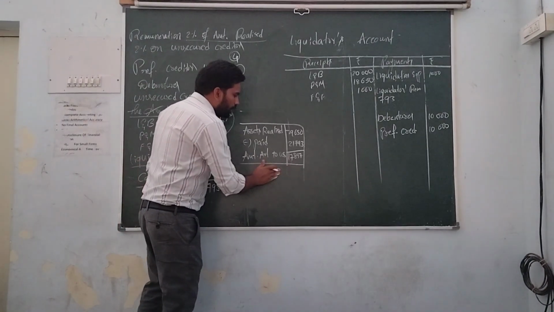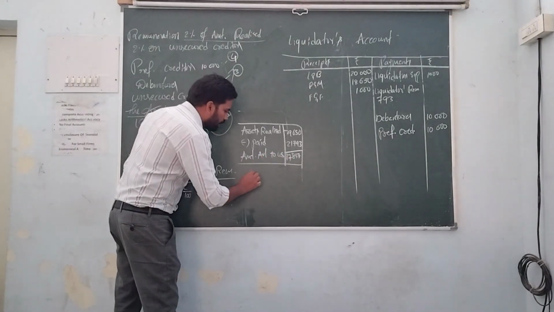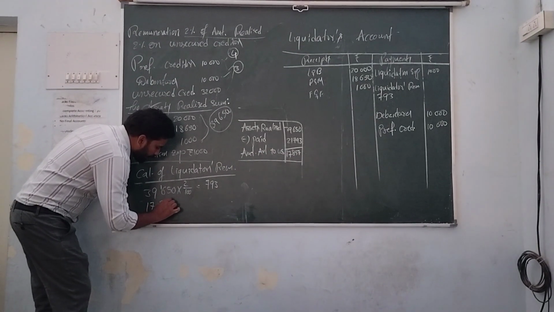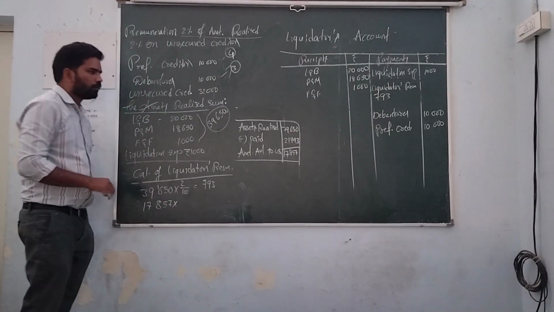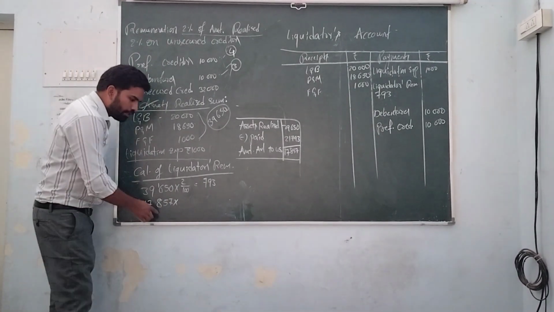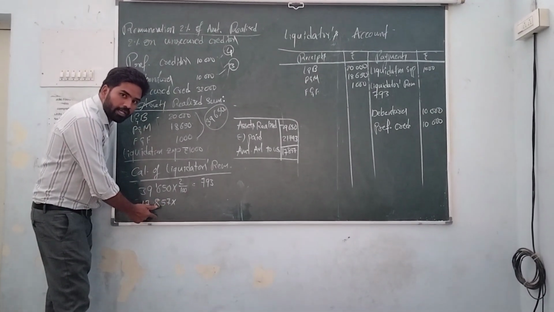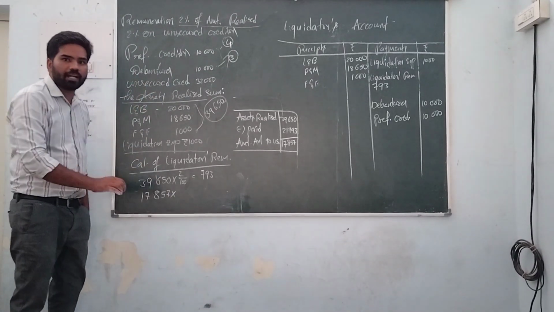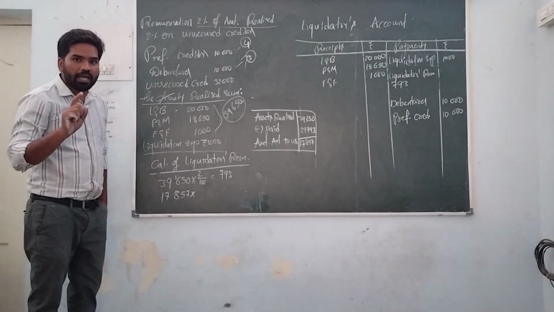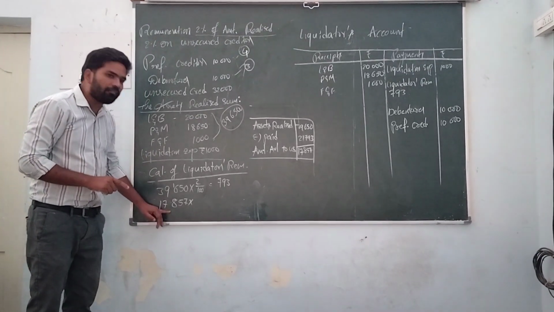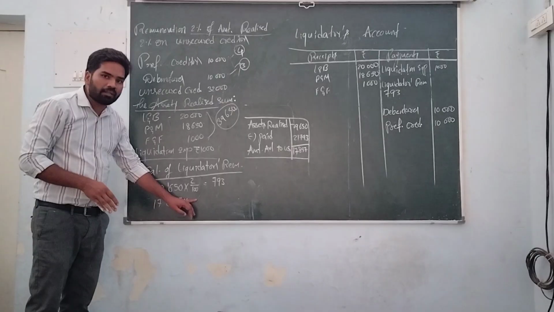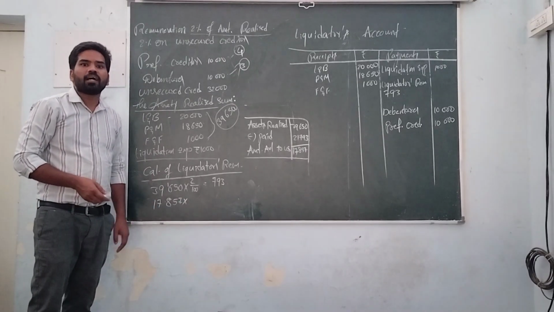So how much amount is available to unsecured creditors? 17,857. The formula is: amount available to unsecured creditors into rate divided by 100 plus rate.